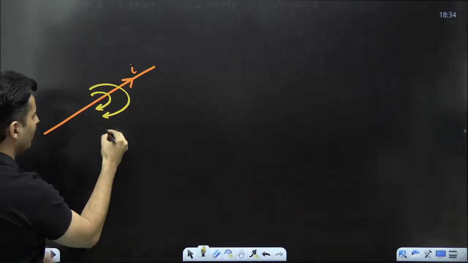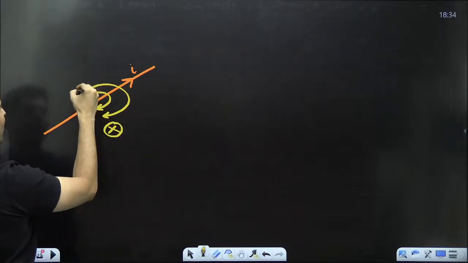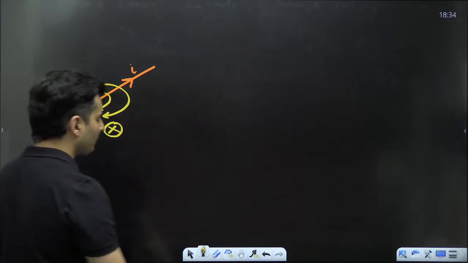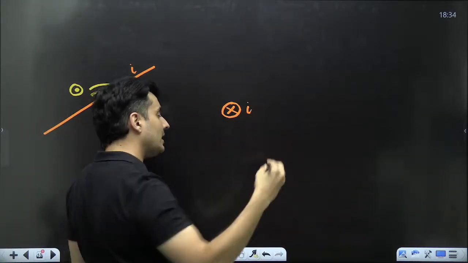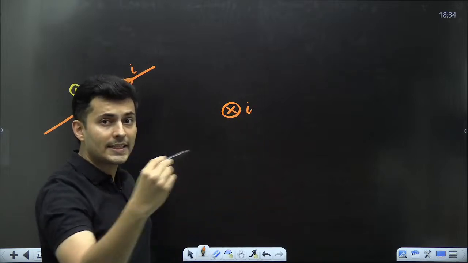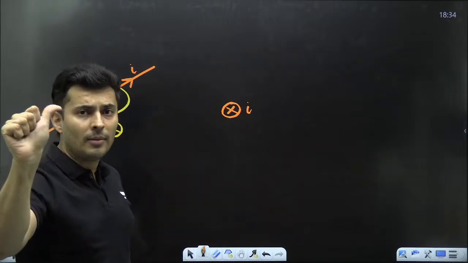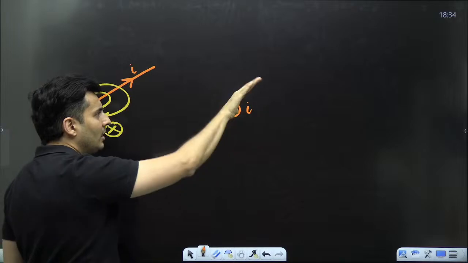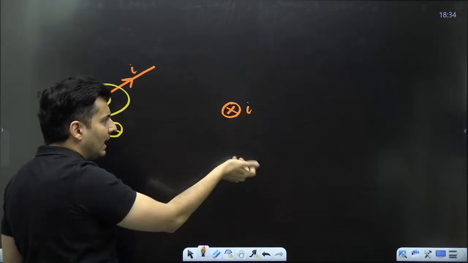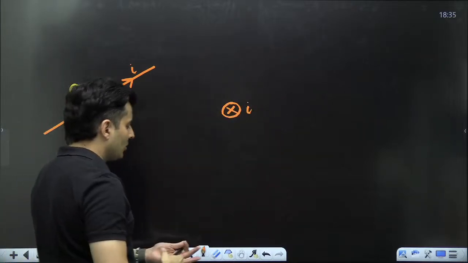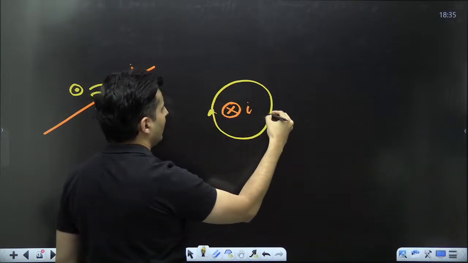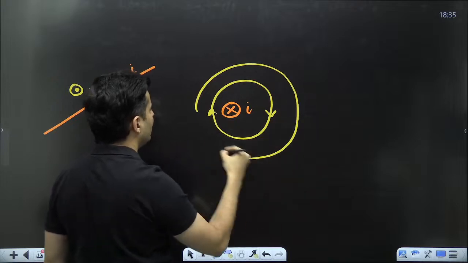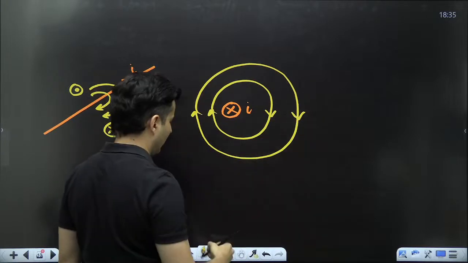So over here the magnetic field is inwards, over here the magnetic field is towards you. Similarly, if a wire is carrying current only like this inside the plane of the board, take your thumb, put it in the direction of the current, the four fingers will turn like this. So in this case, the magnetic field will be in the clockwise direction.